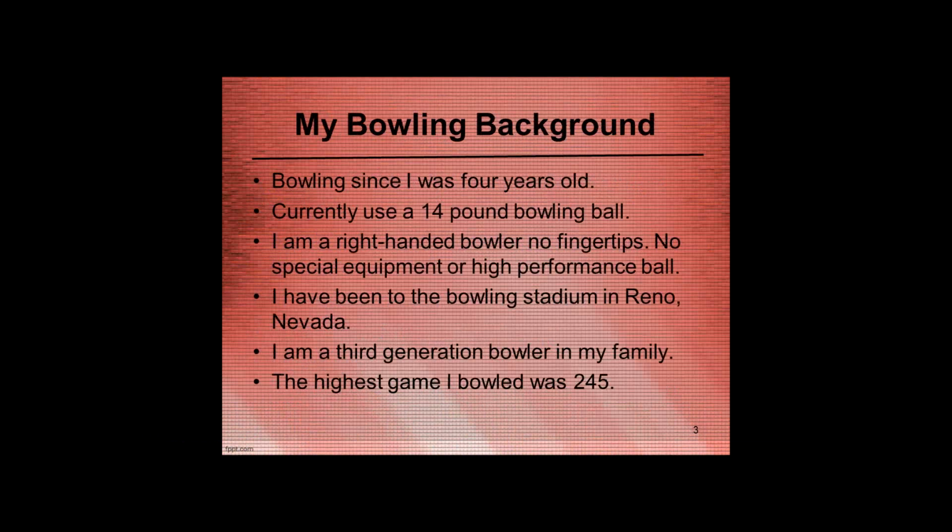I currently use a 14-pound bowling ball. I'm a right-handed bowler, and I do not use fingertips in the ball. I do not use any special equipment or high-performance ball. I have been to the bowling stadium in Reno once. I'm a third-generation bowler, and the highest game I've ever bowled was a 245.